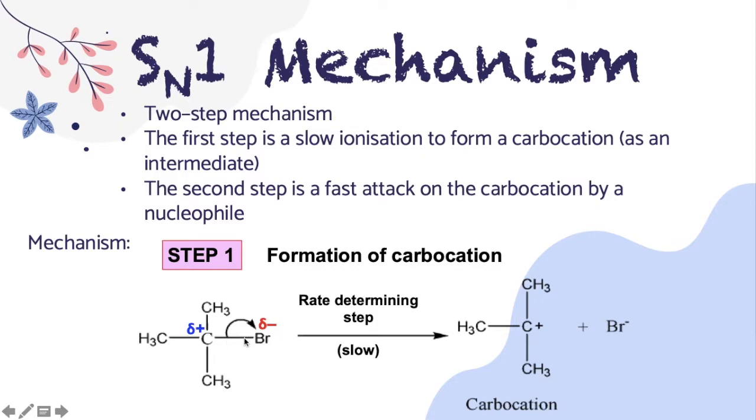So Br has a higher tendency to attract electrons towards itself, so the Br uses these two electrons in this one bond to become its lone pair, leaving the carbon as a carbocation because it has no electron from this bond anymore.